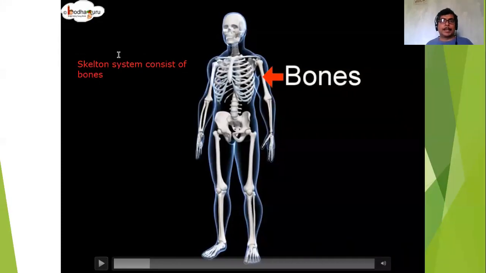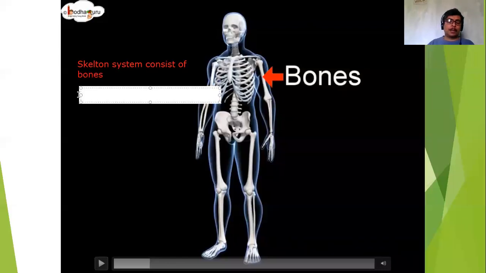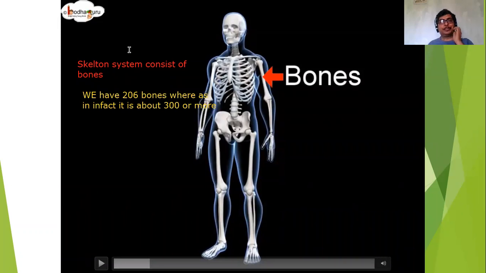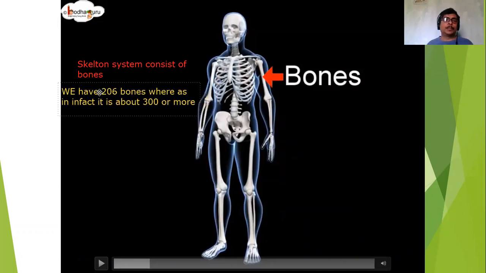Second, we have 206 bones, whereas in an infant it is about 300 or more. Okay, so I hope it is clear.